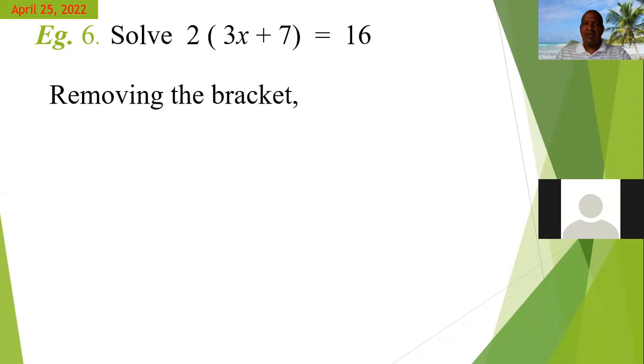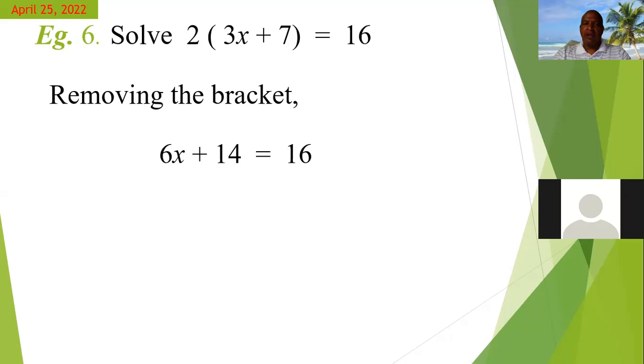Now, suppose you are not that astute in doing it like that. You may want to remove the brackets, meaning that you use the distributive law, multiply what is inside by what is outside distributively. So 2 times 3x gives you 6x, and then 2 times 7 gives you 14.